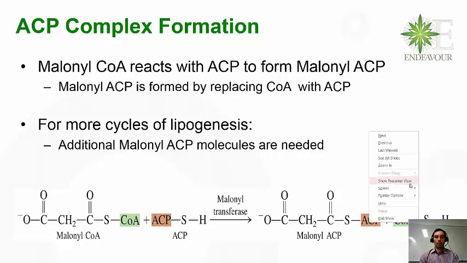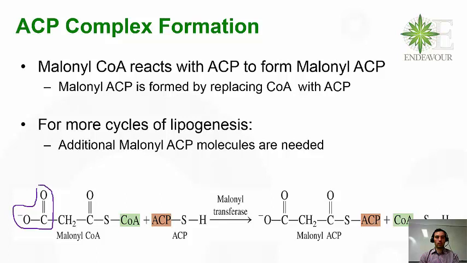So now that we've got our malonyl-CoA, which has the extra carbon attached at the end here, with the addition of the carbon dioxide to give us the extra carboxylic acid group, we then essentially attach the ACP in the same way that we attached it to the acetyl-CoA.